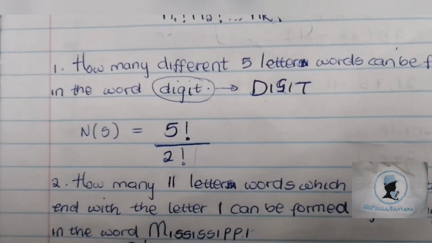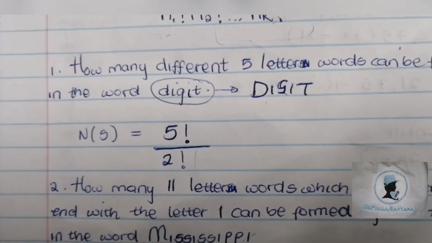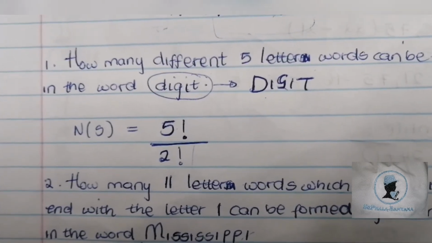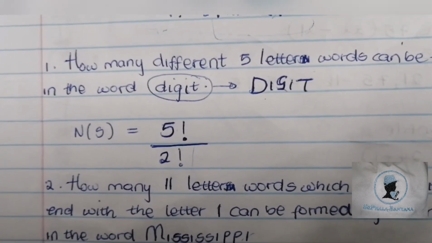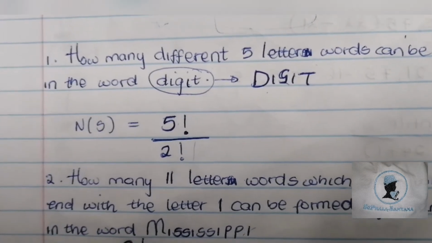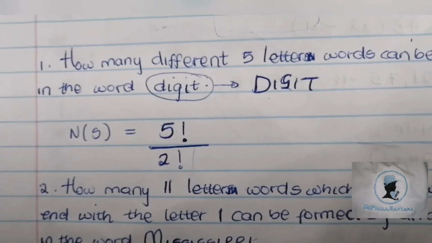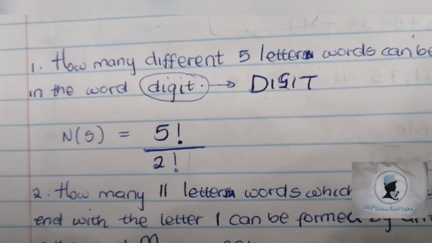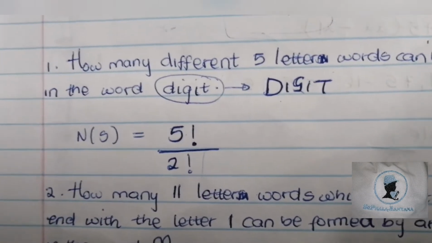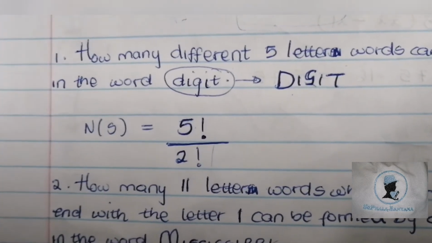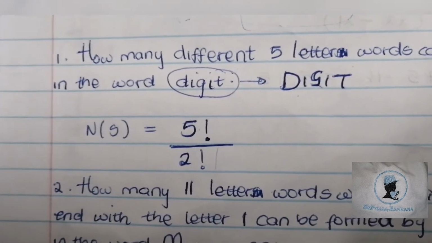So n1 will be 2 factorial, because it is the number of items in the subgroup. You'll simply say 5 factorial divided by 2 factorial, because we have 2 letters that are identical or the same.